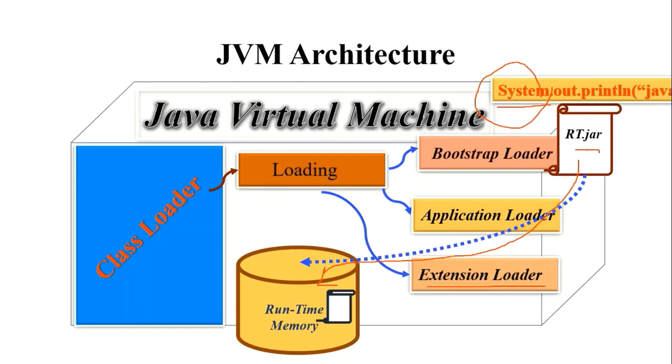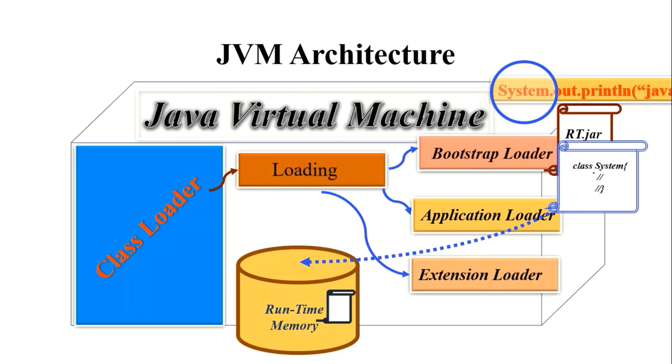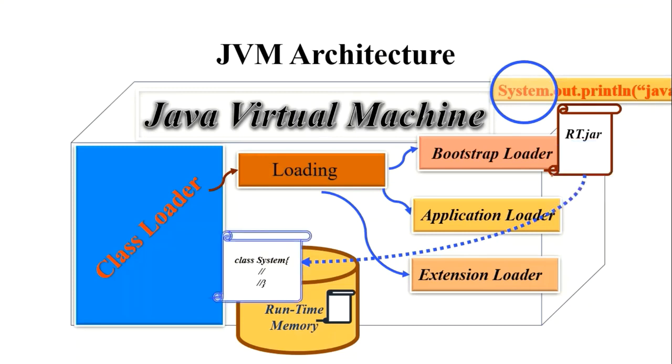So let's visualize the functionality of Bootstrap Loader. This System class is written inside this rt.jar, right? And this rt.jar will load this System class into the memory. So it is done by the Bootstrap Loader.